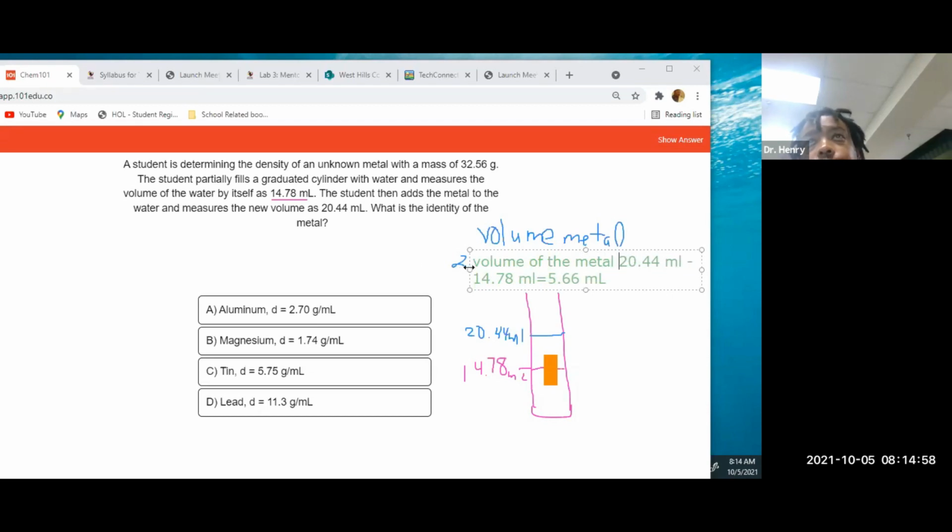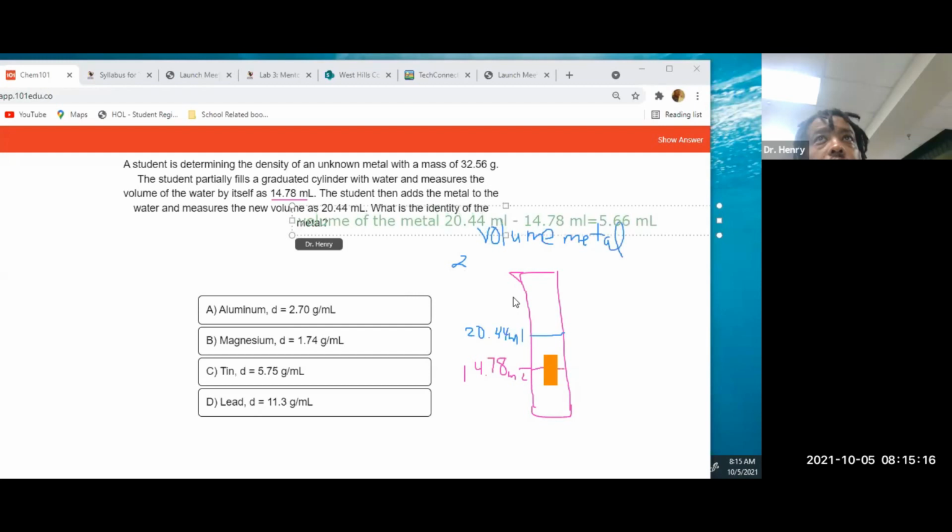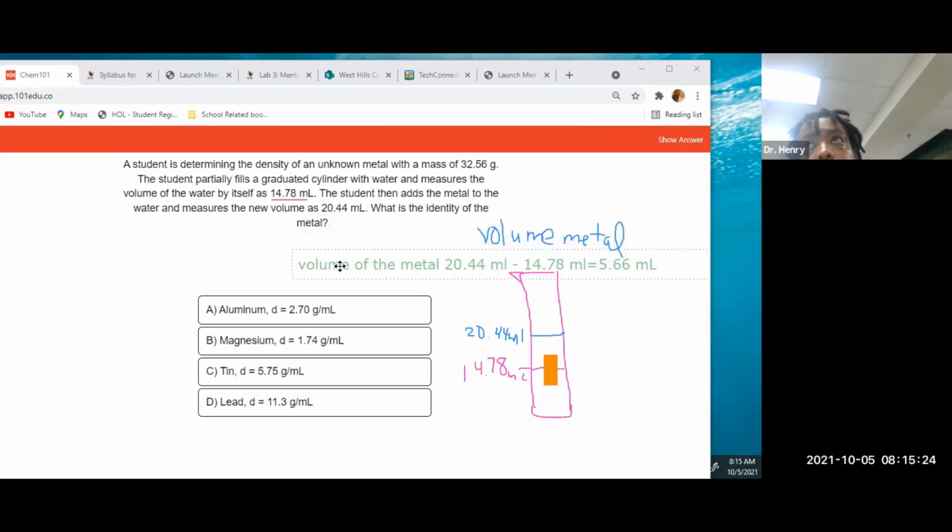So to calculate the density, what is the definition of density? Maria? Anyone?